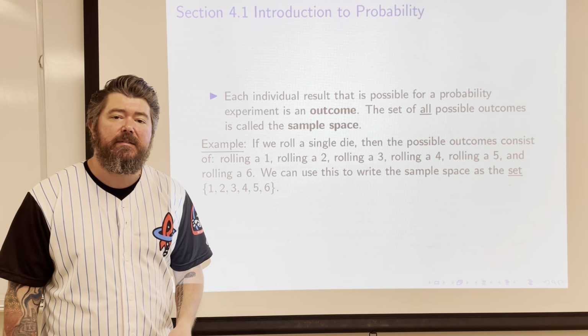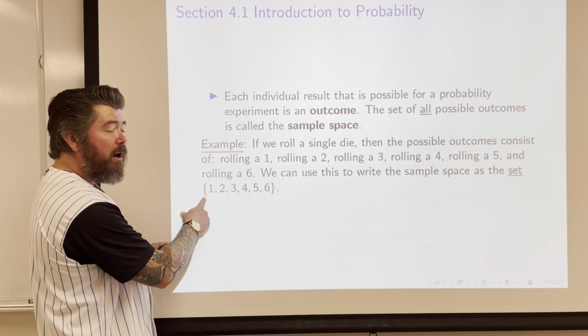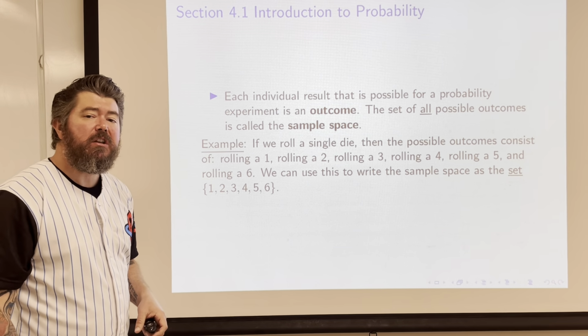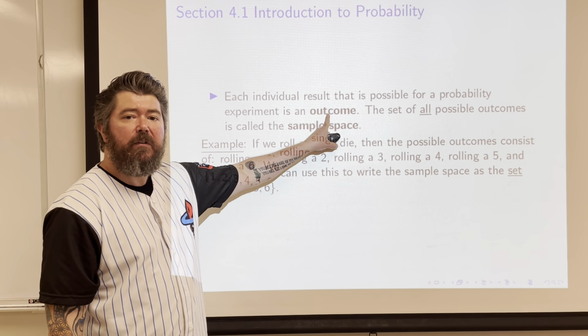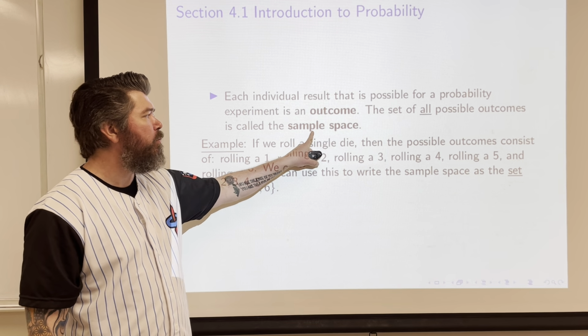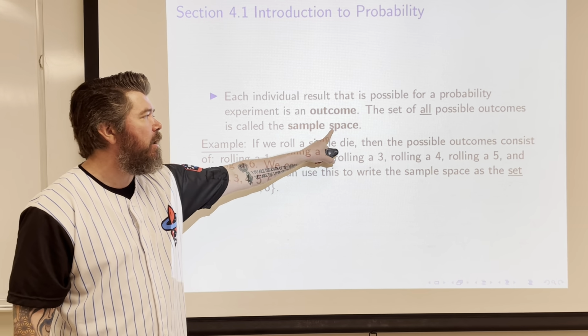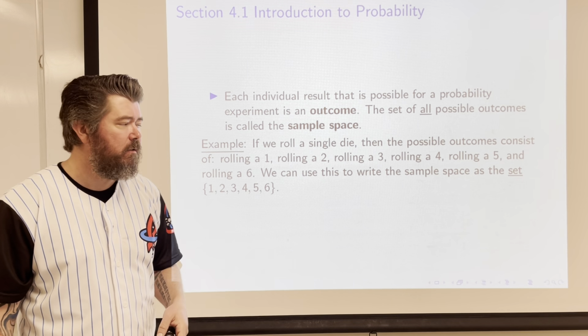Whenever we create a sample space, we put all of the outcomes in these braces, and that's how we denote a set. So outcomes are individual results of probability experiments, but when we put them together in a sample space, we create what we call a set.